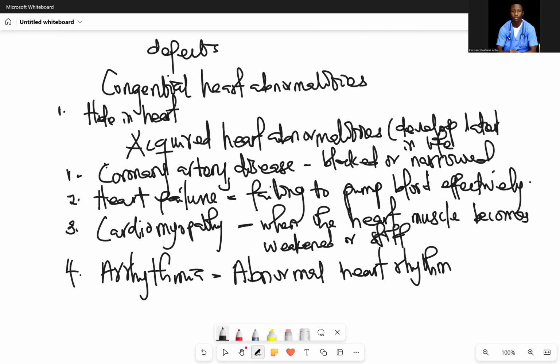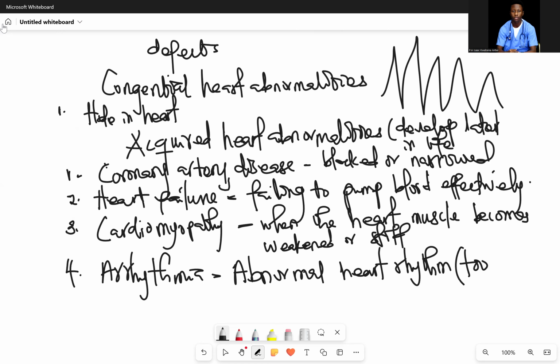Normally, it looks in this form. You even see it in movies. Do you relate to what I'm talking about? This machine measures or describes your heart rhythm. Boom, boom, in this form. Now, when it's too fast or too slow or irregular, that's what we call arrhythmia.